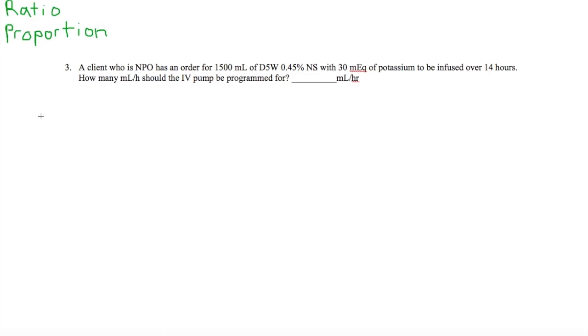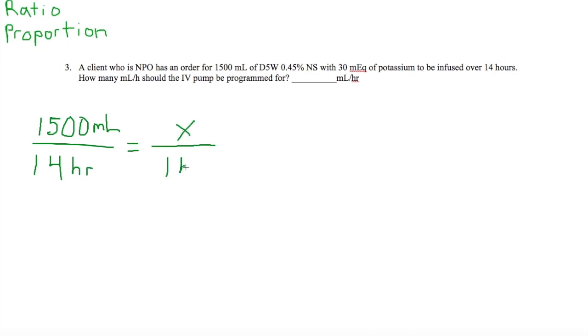So we have 1,500 mils that's going to go in over 14 hours, and that's going to be equal to how many mils in 1 hour? We cross multiply and we end up with 14 hours x equals 1,500 mils per hour.